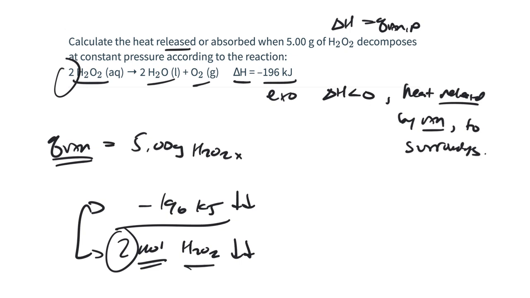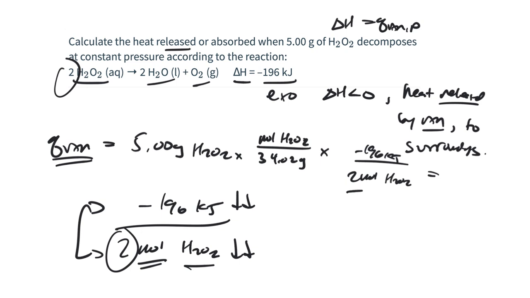So what I need to do is convert H2O2 to moles. And so that conversion, it's like 34.02, right? So it's 1.008 times 2 plus 32.00. So that's 34.02 grams per mole of H2O2. And I'm converting that so I can use this conversion factor here of for every 2 moles of H2O2 that reacts, the Q reaction is minus 196 kilojoules.